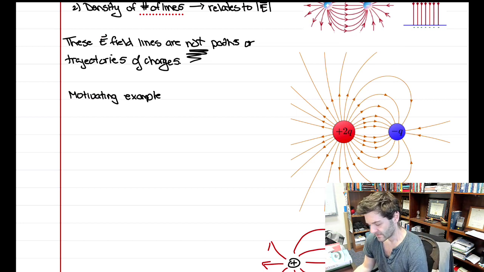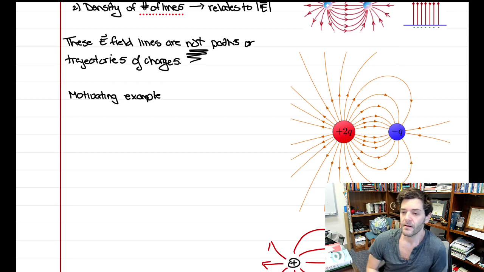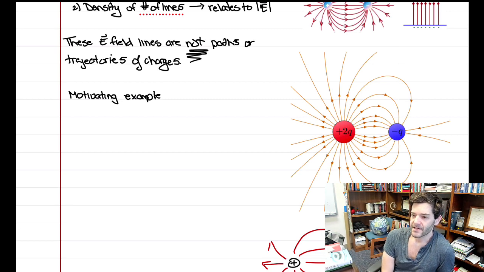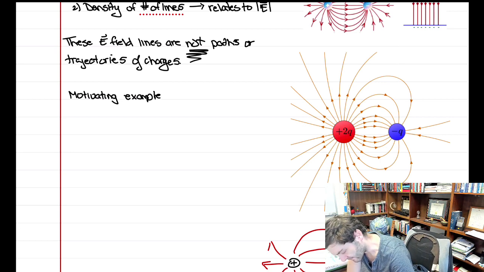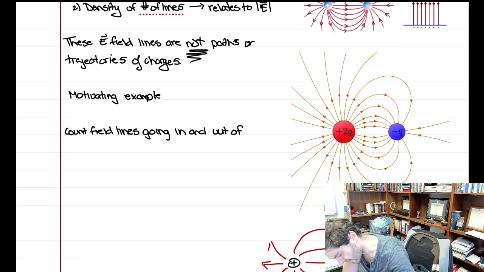So let's try doing something where we're just going to count electric field lines. And I'm going to focus on counting field lines that are going into and out of surfaces. So we're going to count field lines going in and out of boxes that I'm going to draw.